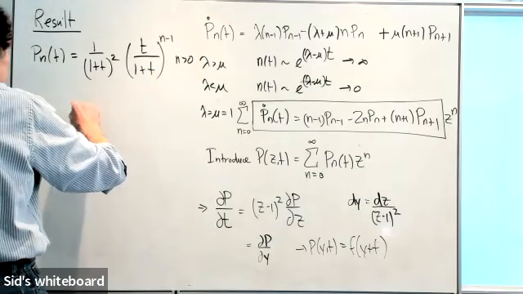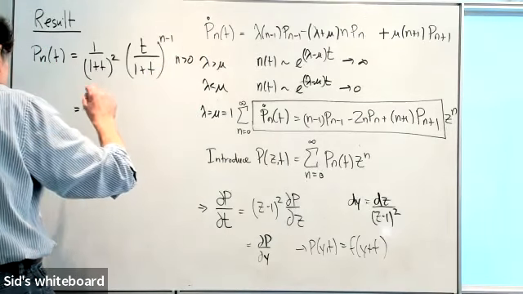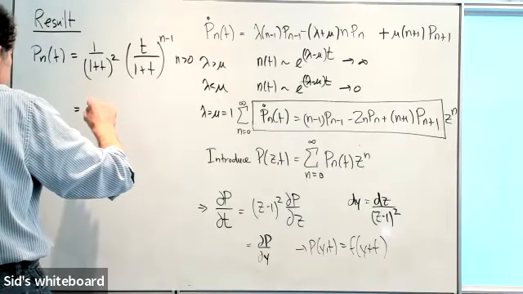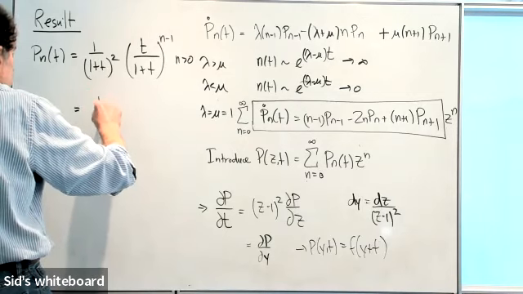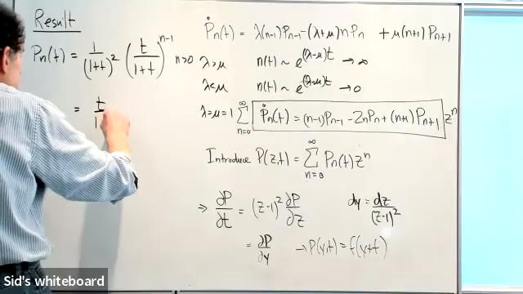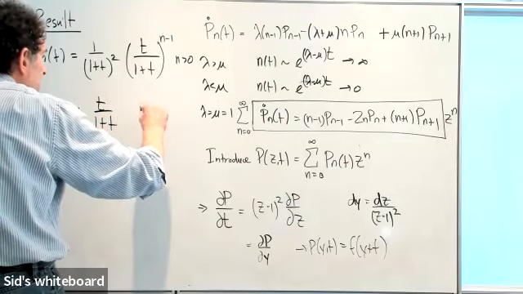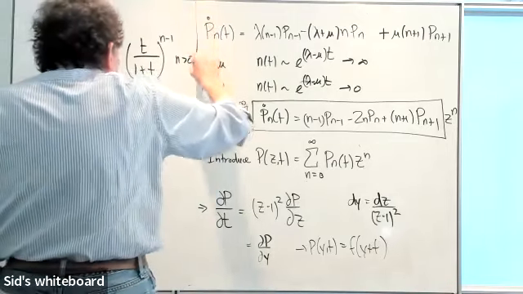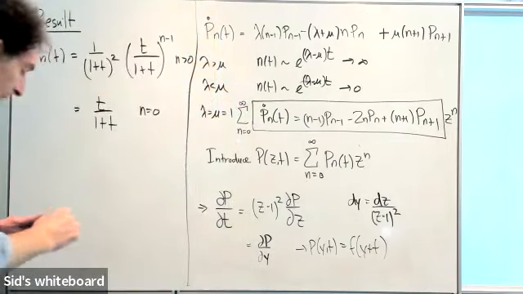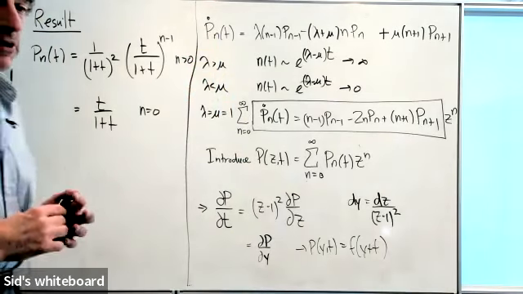Whereas for n equals 0, it's equal to t divided by 1 plus t. So very simple looking result.